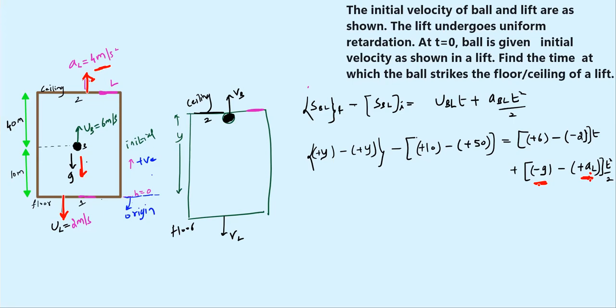Retardation of the ball is vertically down, and anything vertically down will be negative. Retardation of the lift is upward, and it should be positive.